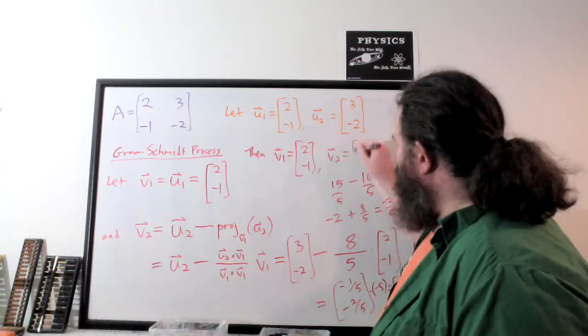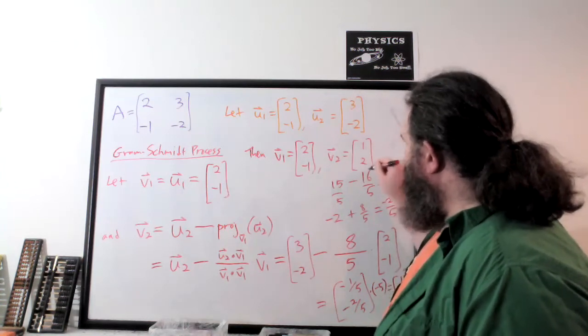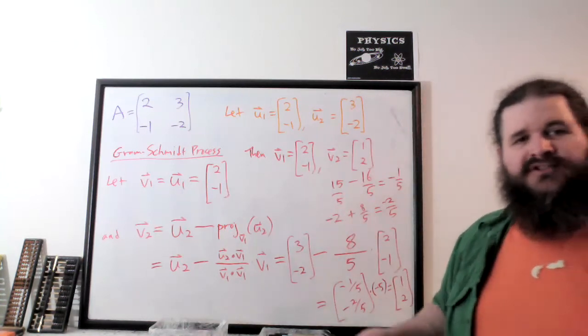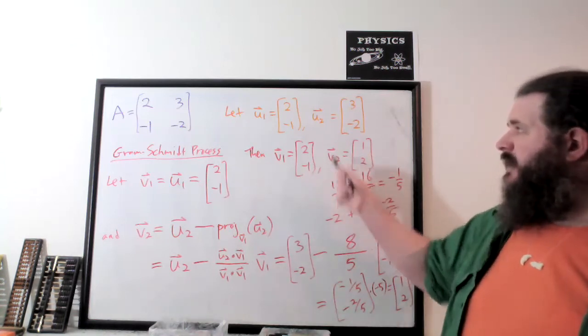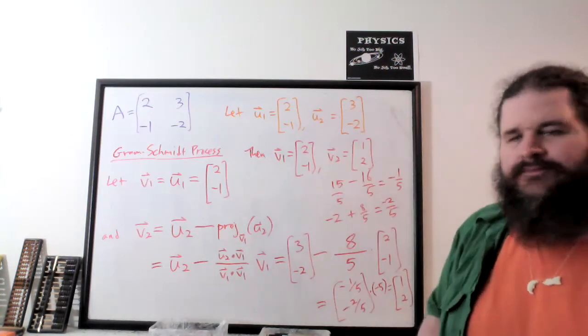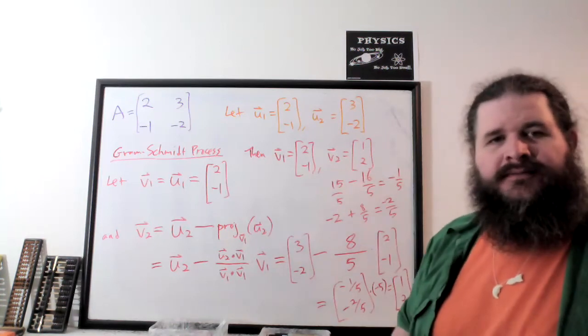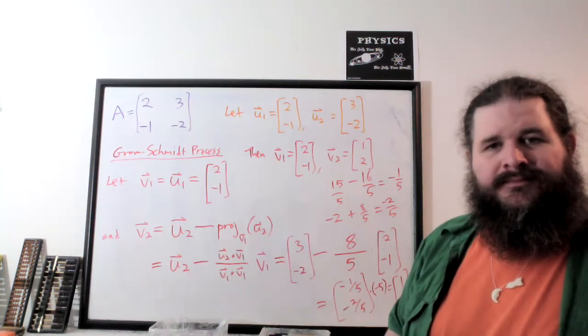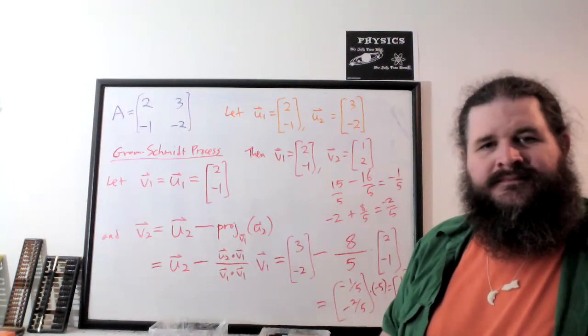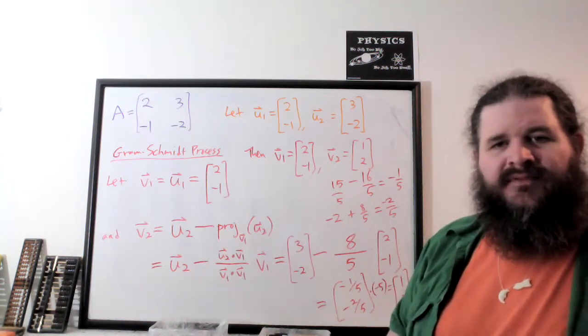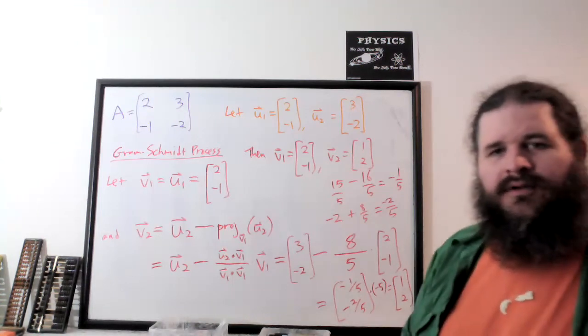V2 is (1, 2). And it keeps the same overall information. The span of these two vectors is the same as the span of the original two vectors. But what happens when you take the dot product of V1 and V2? V1 dot V2 is going to equal what here?